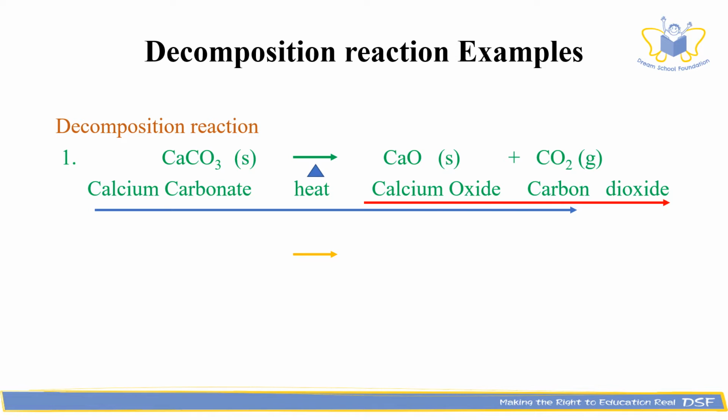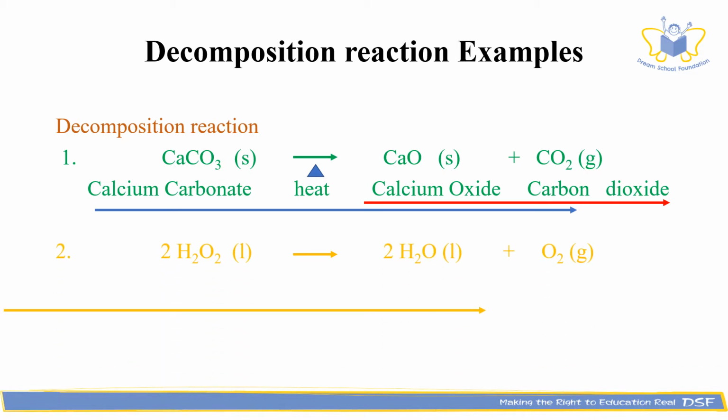The reaction in which a compound decomposes due to heating is known as thermal decomposition reaction. Here, calcium carbonate, when heated, gives calcium oxide plus carbon dioxide. Similarly, hydrogen peroxide is heated to give water plus oxygen.